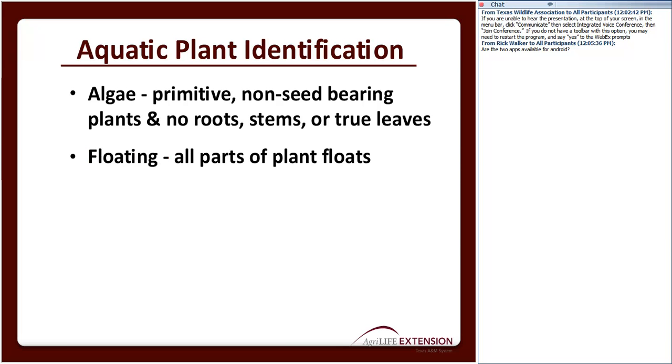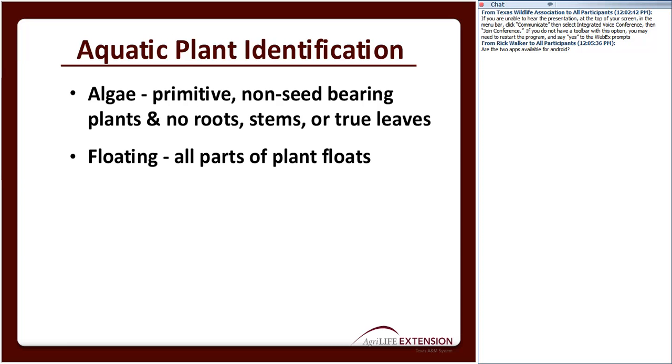The next group of aquatic vegetation is floating, and this one's real simple. It means all parts of the plant float. One issue that we typically find is that most people consider water lilies, lotus, and spatterdock to be floating plants.